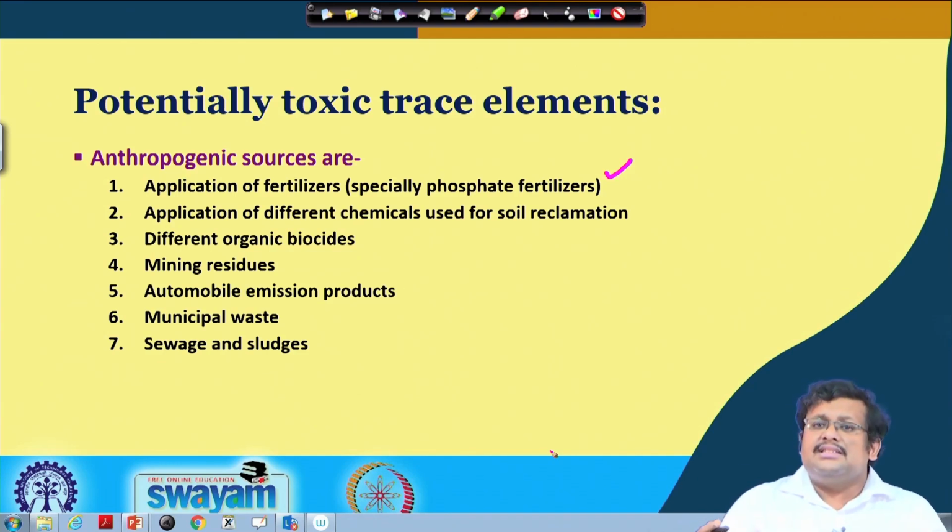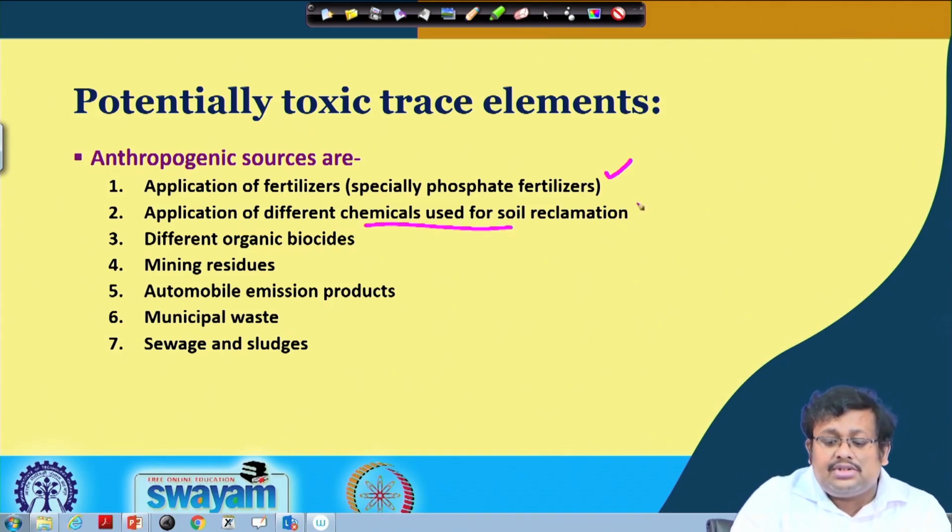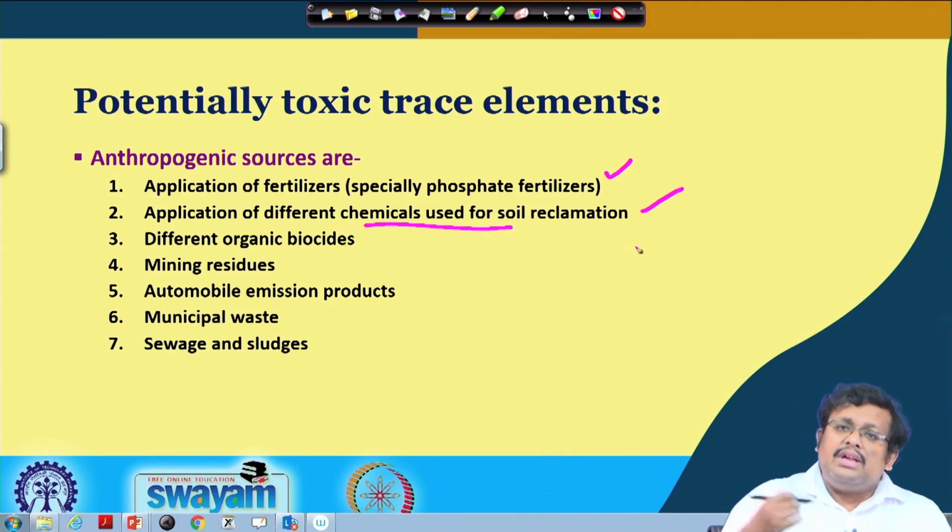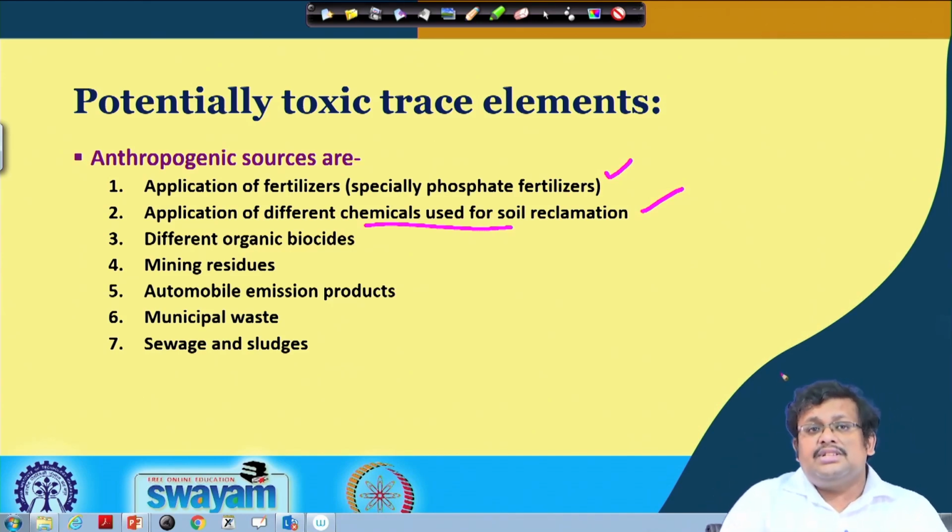So, when you apply the fertilizer to the soil, these trace elements also come into the soil. Second is the application of different chemicals used in soil reclamation, and when these chemicals are applied for soil reclamation, that also creates high concentrations of toxic elements.